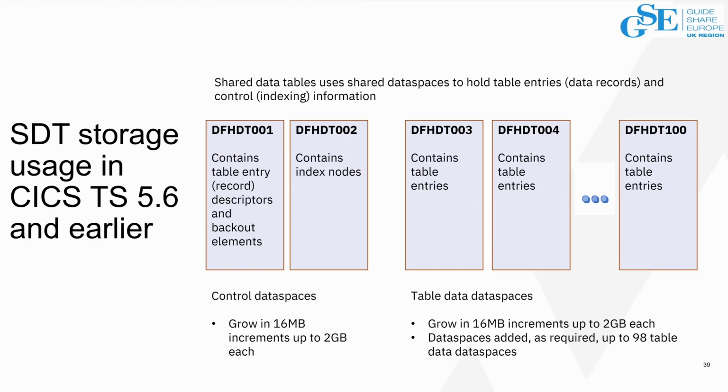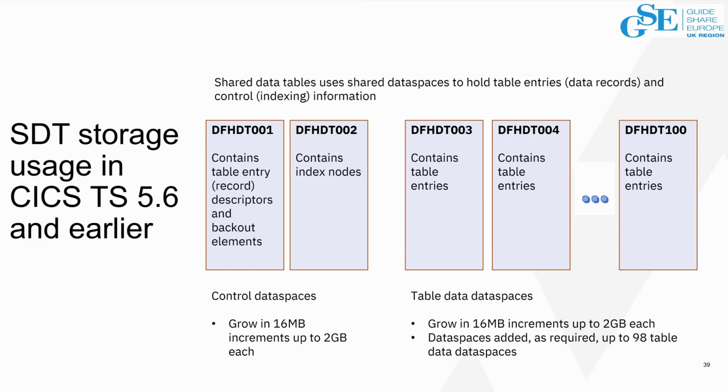Now, 98 of those data spaces would hold your data, and there are 2 of them, DT001 and DT002, that hold, if you like, metadata that the file control component needs to manage the data table.